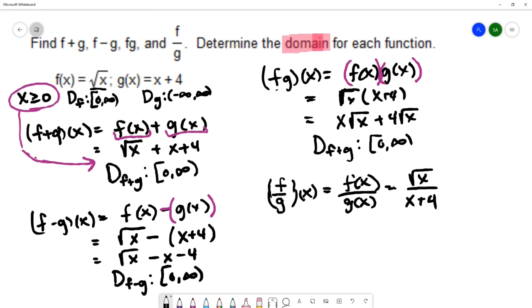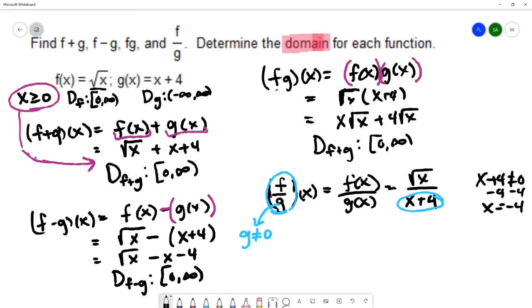However, with division, because we're dividing, we have to make sure that the denominator is not equal to 0. So with division, we get this extra restriction that the denominator cannot equal 0. So if we subtract 4, we get x is equal to negative 4.